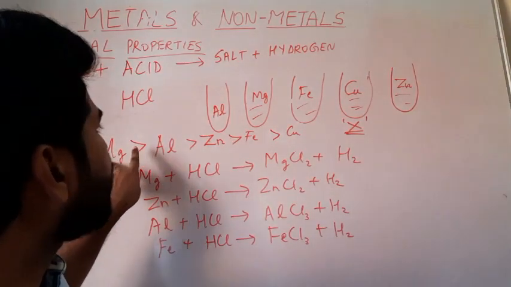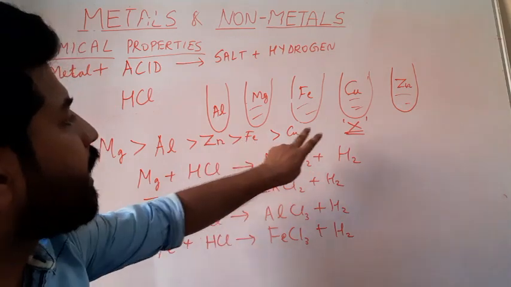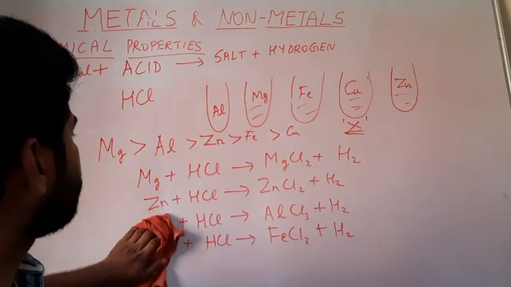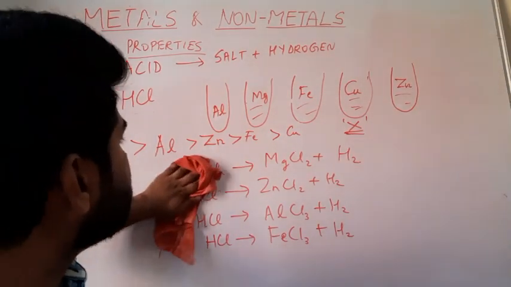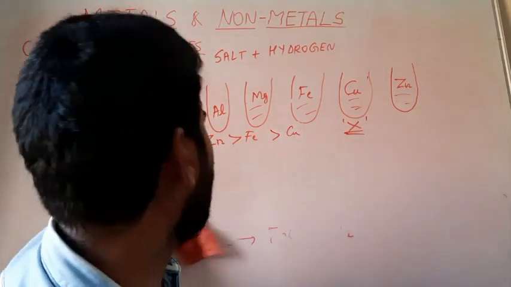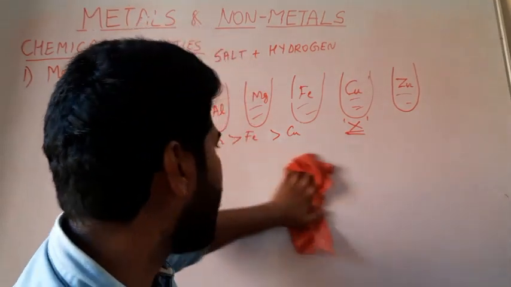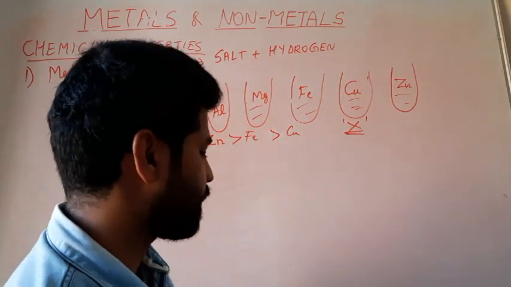Magnesium is more reactive than all of these: aluminium, zinc, iron and copper. And there are other metals, like for example silver and gold, which do not show any reaction at all with acids.